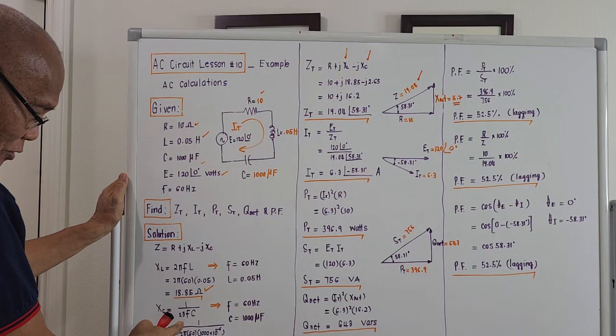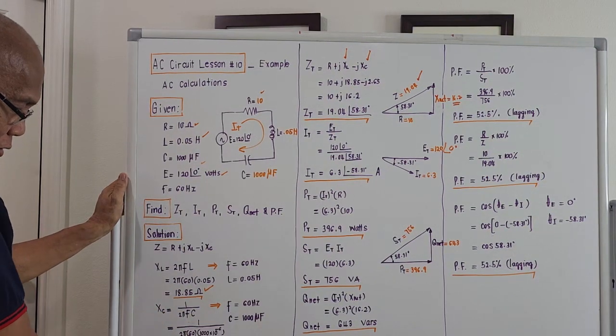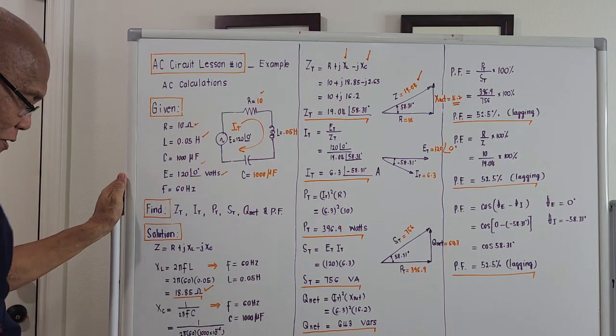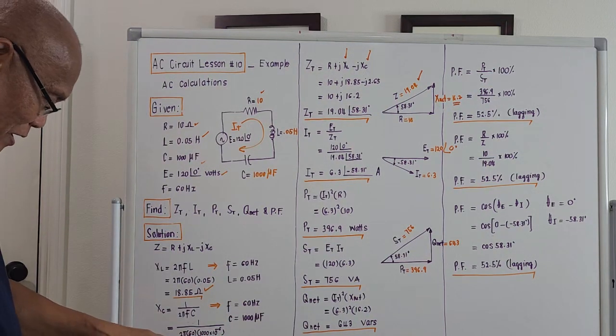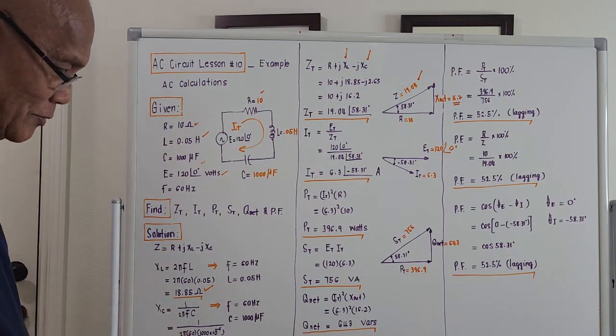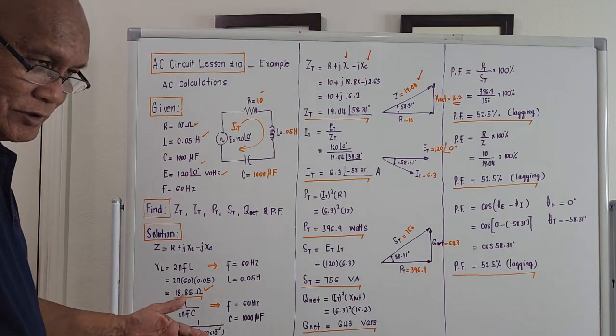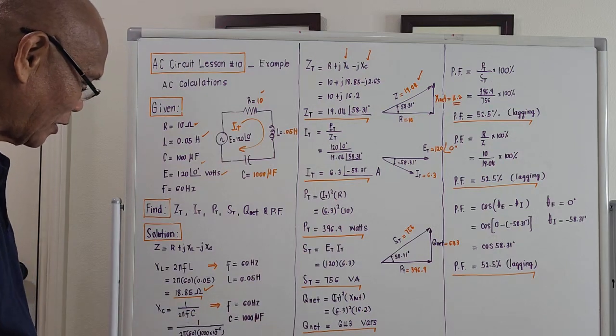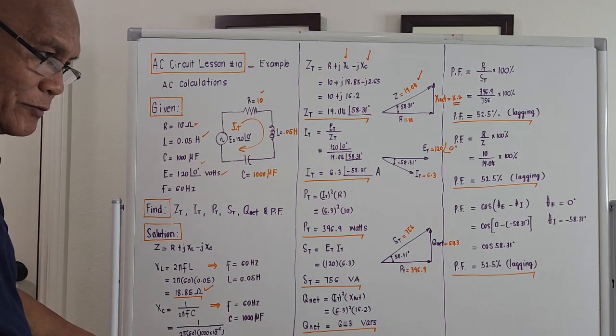Okay? So substituting, this should be 1 over 2 pi times 60 times 1000 times 10 to the negative 6. Since the multiplication involves a negative exponent, just use your knowledge of algebra or a plain calculator. What will come out is 2.65 ohms.